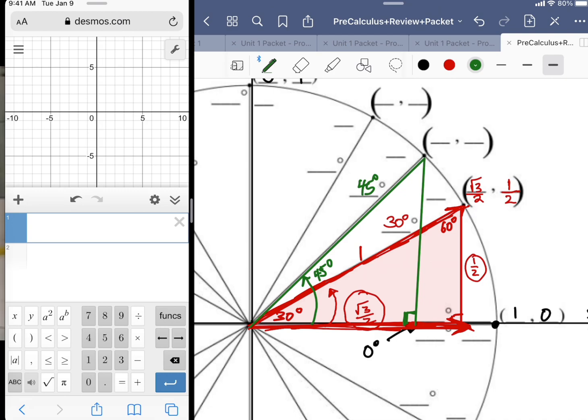So instead of radical 3 over 2 and 1/2, the legs of this triangle will compute out to be equal to radical 2 over 2. And because it's a 45, 45, 90 right triangle, the sides opposite the congruent angles are congruent. So the two legs have the same length. If one of them is radical 2 over 2, so is the other.